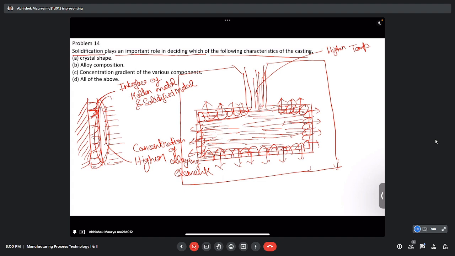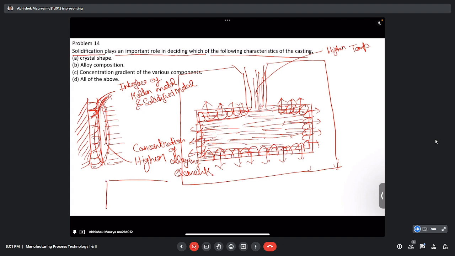Because of this difference in concentration of alloying element, we get a compositional variance, a gradient of composition after complete solidification.